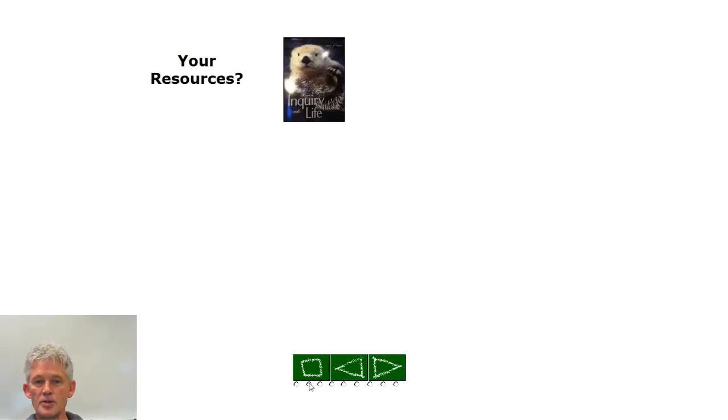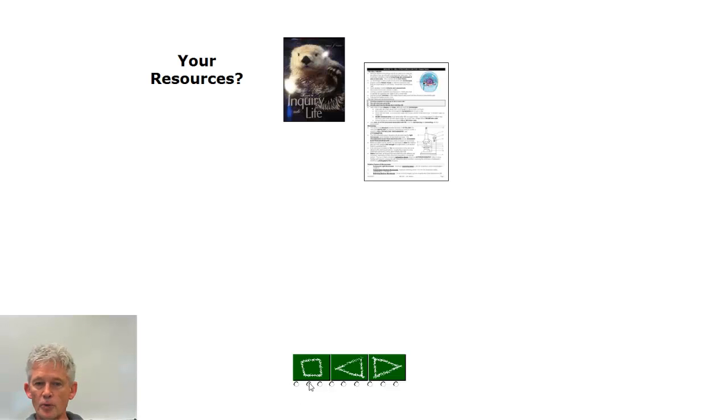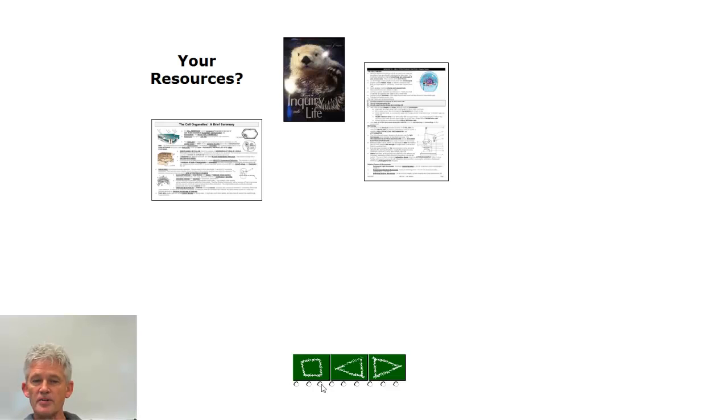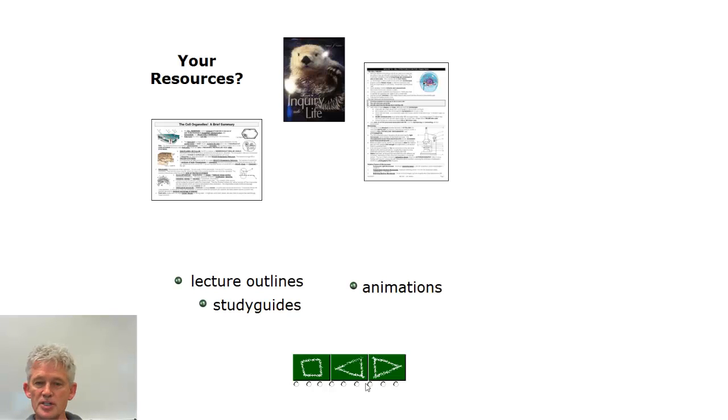It's a good idea to actually read the chapter. You have something called Raycroft notes, which go into, again, far more detail than you need to know. A summary of Raycroft notes. You have the lecture outlines available on the website. You have study guides, you have animations, and animations are a great way, just like the Campbell activities, to actually see the cell organelles in action, so to speak.